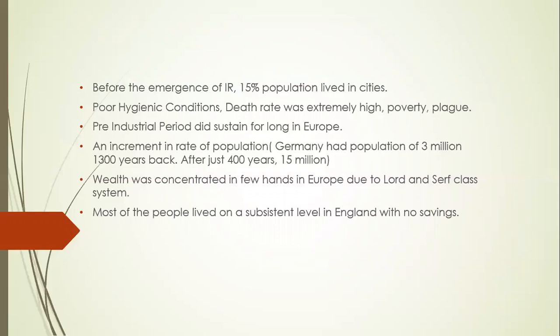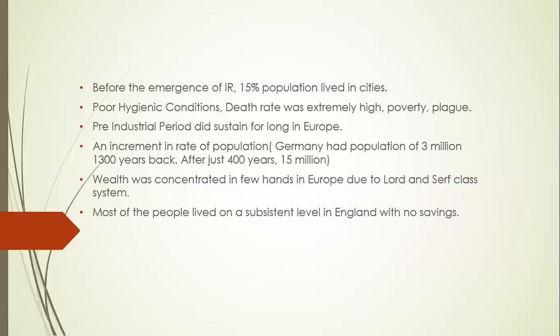But the very bad thing about those cities was that the wealth in them was concentrated in very few hands, in Europe, due to their class system of lord and serf.